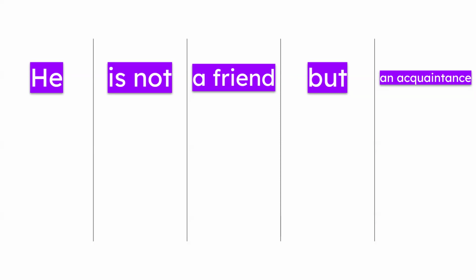So in Spanish, acquaintance is conocido. It's very similar to the verb conocer, to know, but it ends in ido, conocido. That's right, that's an acquaintance.